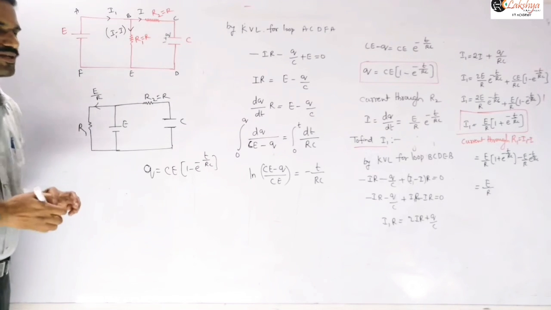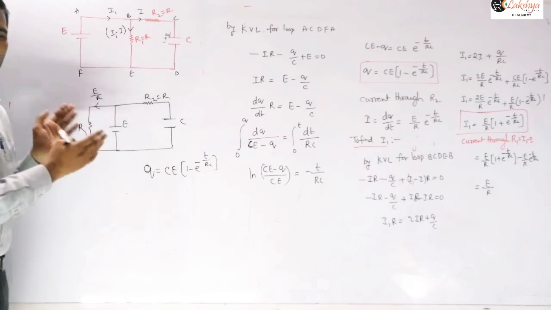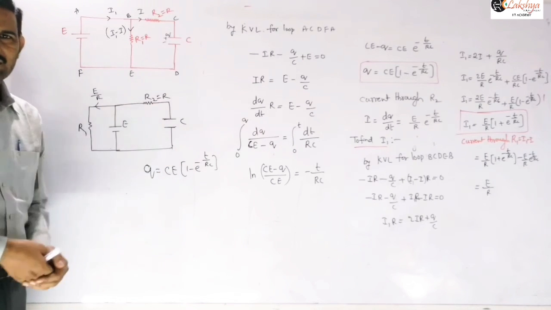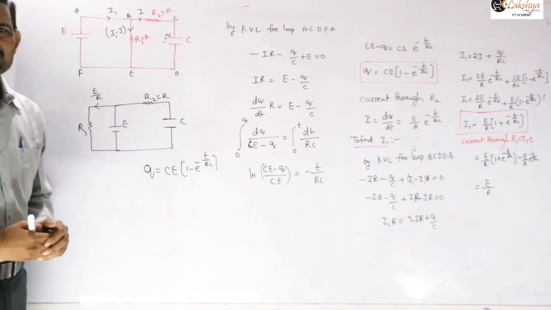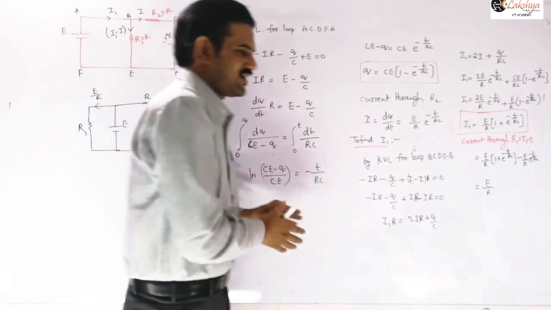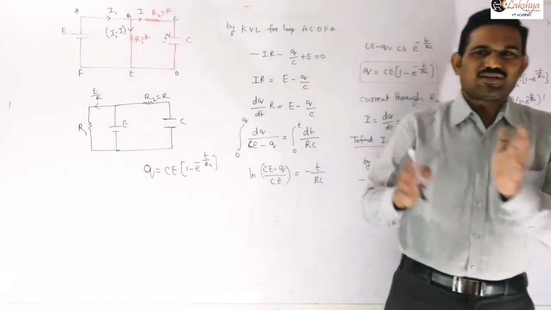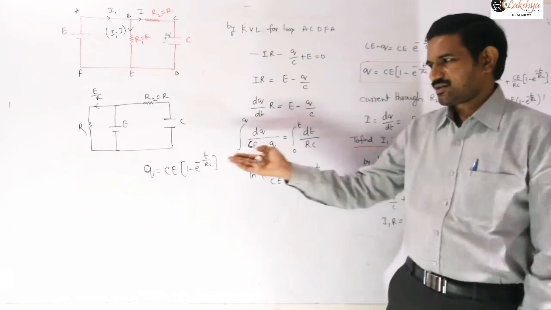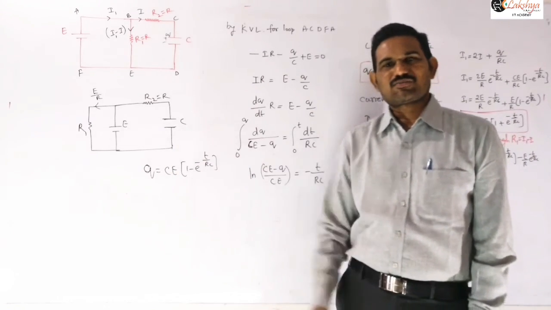So if you are observing this circuit, this much calculation is not required here. You can answer that in a single step directly, because it is nothing but our standard circuit only. So that is the procedure. If it is required, then we need to solve like this. In this problem, if you are able to identify this, you can answer this value directly.